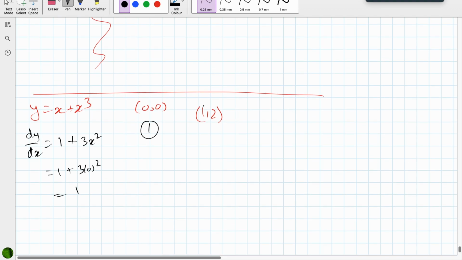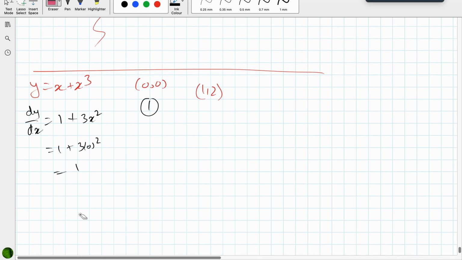At the other point, when x is 1, dy by dx is 4. Gradient at point 0, 0 is 1. So m1 into m2 is equal to minus 1. First gradient 1 into m2 equals minus 1, so the second gradient is equal to minus 1.